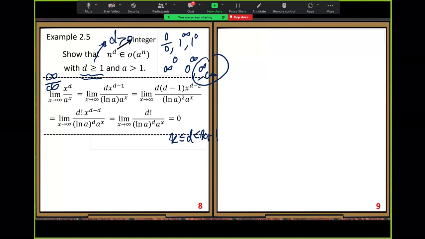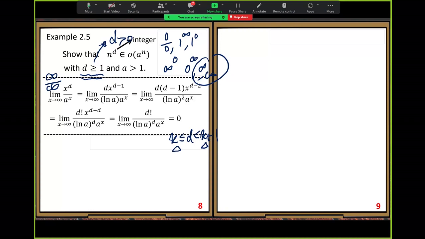For integer cases, we already showed the result. Let's use the integer case as the stepping stone to solve the non-integer D case. That idea is very effective in real-world problem solving.